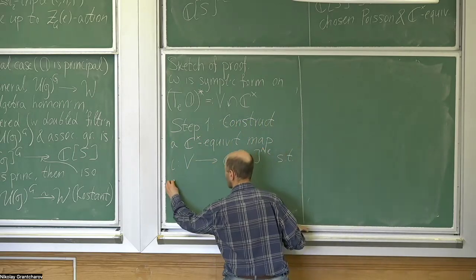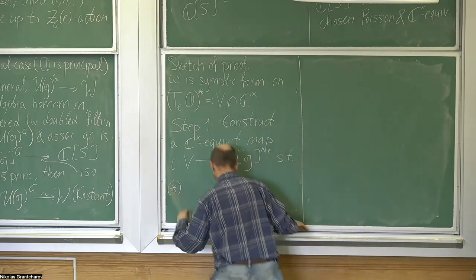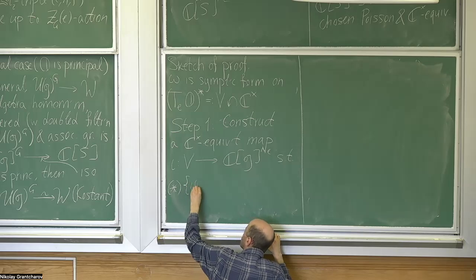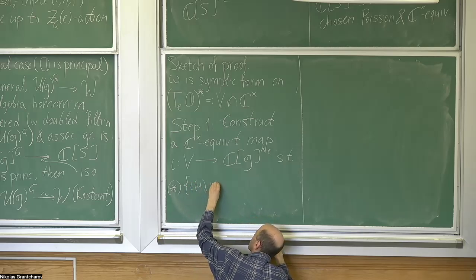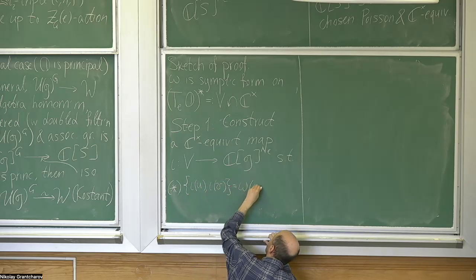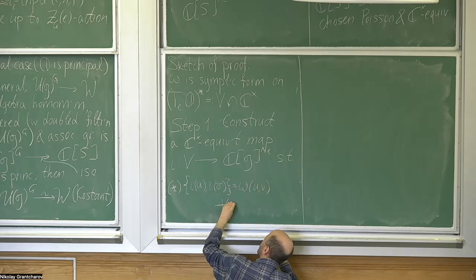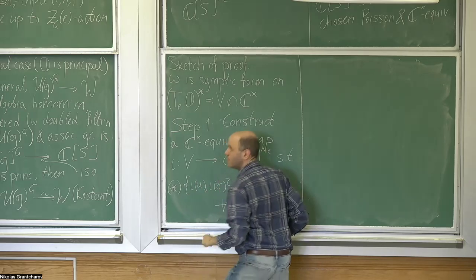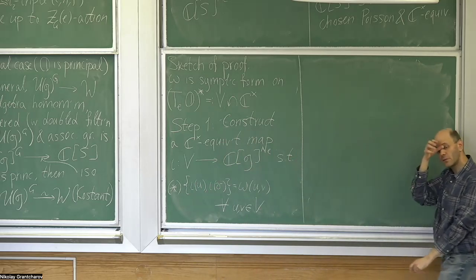Namely, we call this condition star. I take the Poisson bracket of iota of U and iota of V, which is equal to omega of U, V, for all U and V inside of V capital. That's what I want to do.